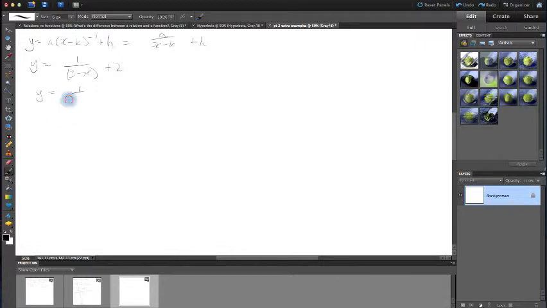Minus x. Oops. So minus x plus 3, plus 2. Okay, so now you see that it's almost there, except instead of x, we have minus x. So whenever we have this minus x bit, that is a reflection in the y-axis.